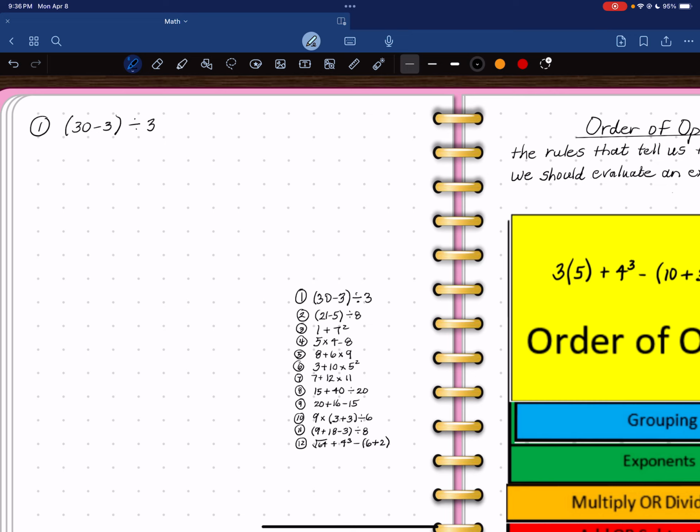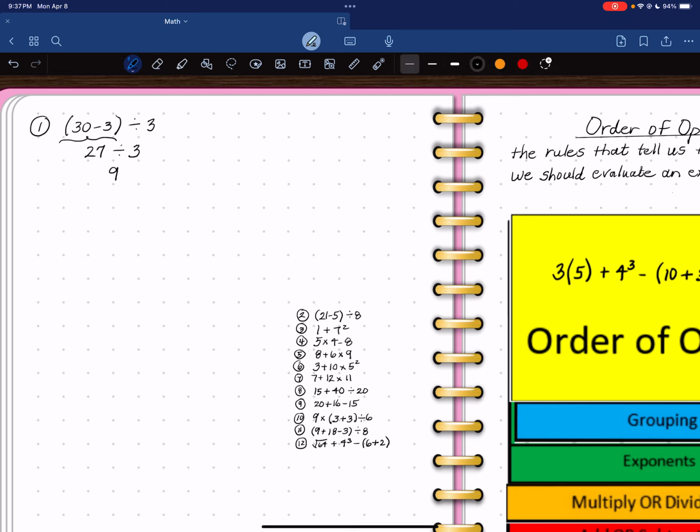It's the grouping symbols, so I would need to do this step first. 30 subtract 3 is 27, and 27 divided by 3 is 9. We are not solving a problem because there's no equal sign. There will be no solution. We are just simplifying an expression.